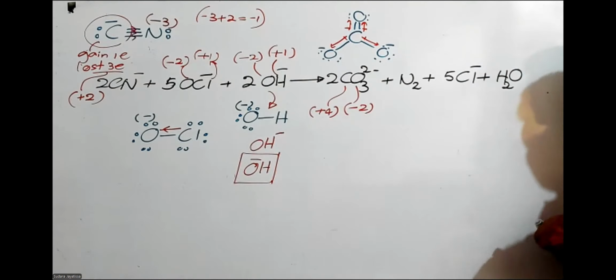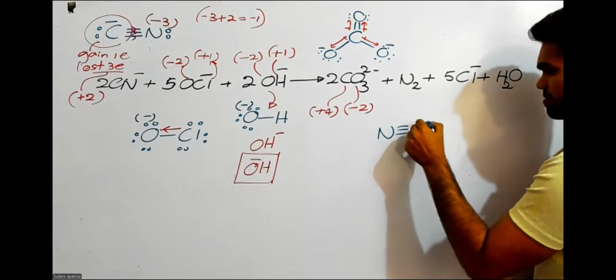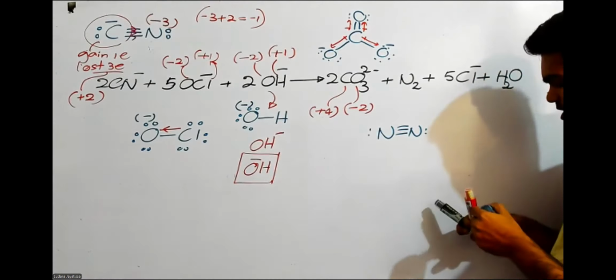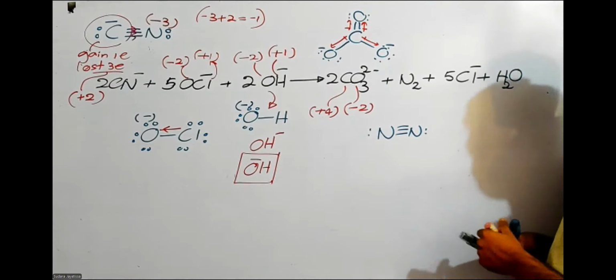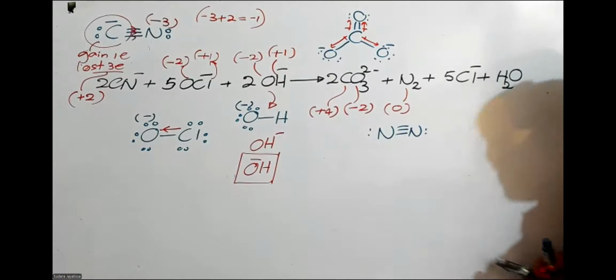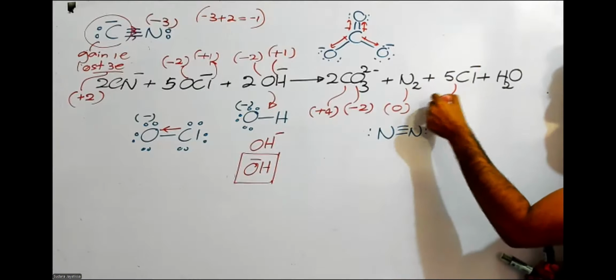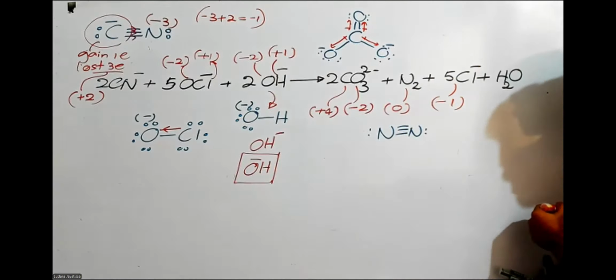And nitrogen, to draw the molecule, this is it. So electrons are shared between the same atoms, so the oxidation number is 0. And Cl minus oxidation number is equal to the charge, -1.